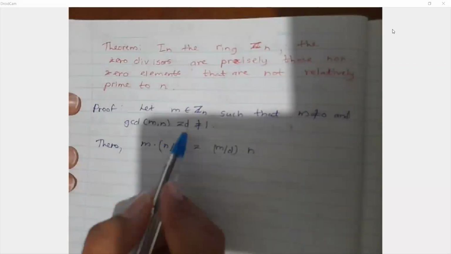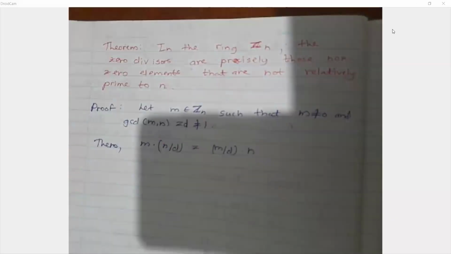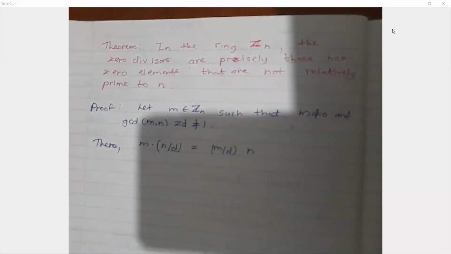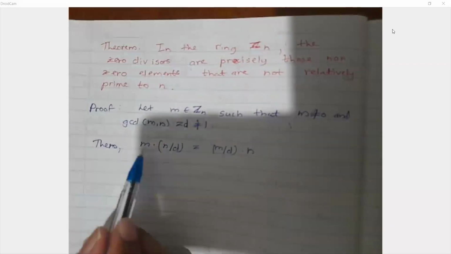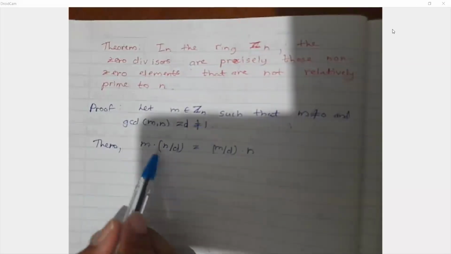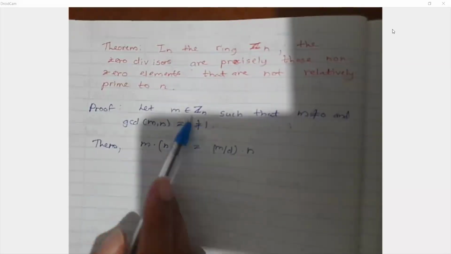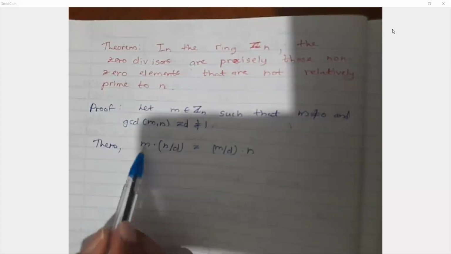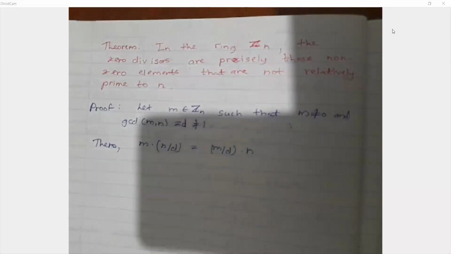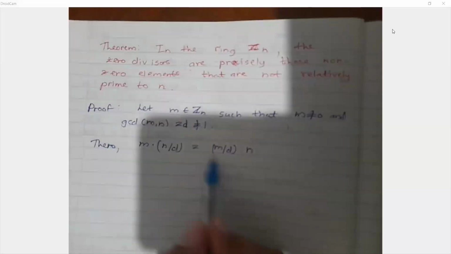Now, d is the greatest common divisor between these two, which is greater than 1. So n over d is an integer that is less than n, so it belongs in this set. So you have two elements in this set whose product, the usual product over the integers, gives a multiple of n.